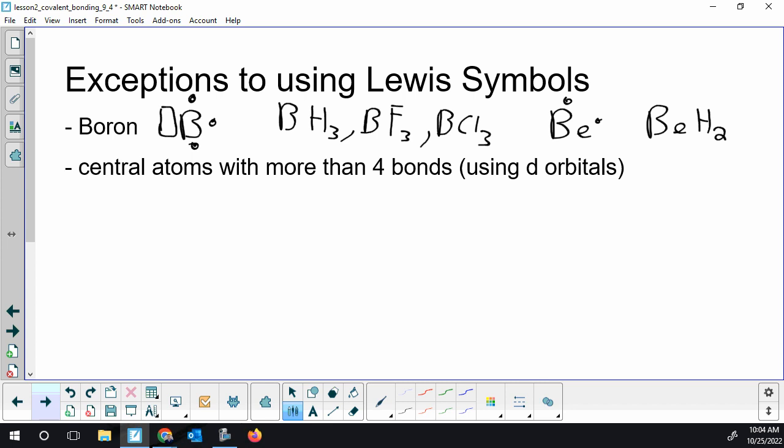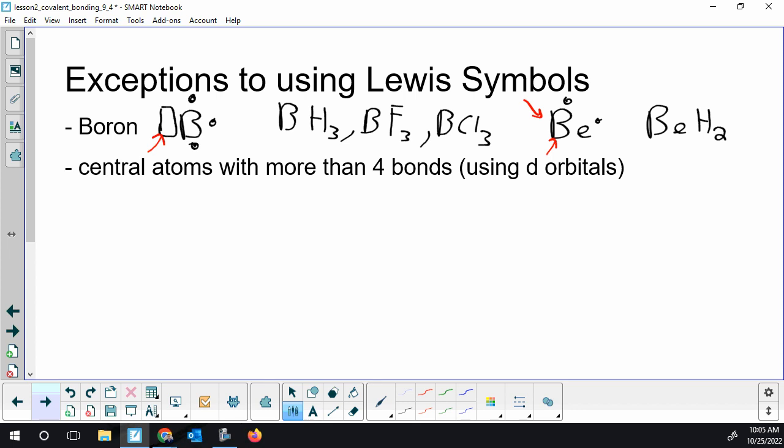So beryllium has 2 single electrons, no lone pairs, and it's important you realize there's no lone pairs there when we get to the shape. Boron also doesn't have a lone pair because it has an empty orbital. Beryllium has 2 empty orbitals. Okay, so that's one set of exceptions everybody needs to know about who does Chem 20 in Alberta.